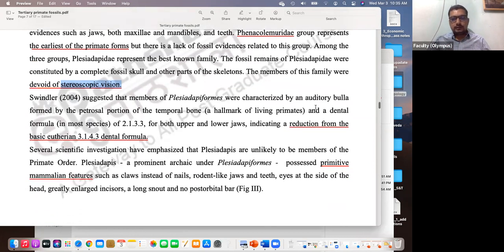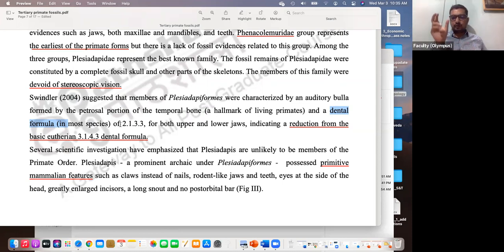They also noticed the dental formula for both upper and lower jaws, indicating a reduction from the basic dental formula. Some change towards the primates had happened. If you take one quarter of the dentition pattern, we normally say how many premolars, how many molars, how many canines, so we basically number them.